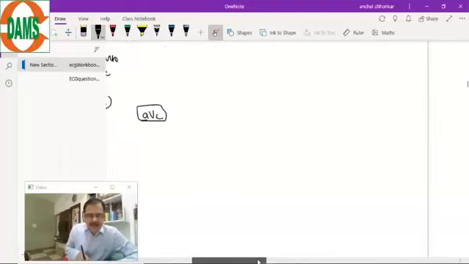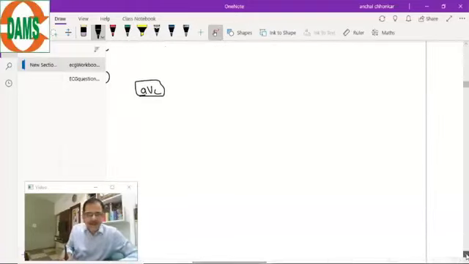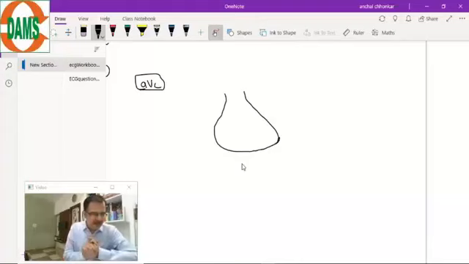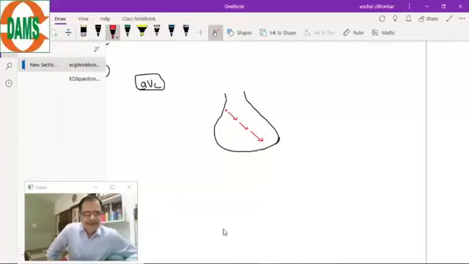First I will make the diagram of the vertical plane of the heart. This is the vertical plane of the heart, AVL. Here is the normal depolarization direction.